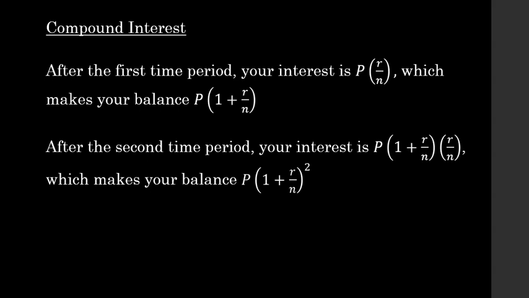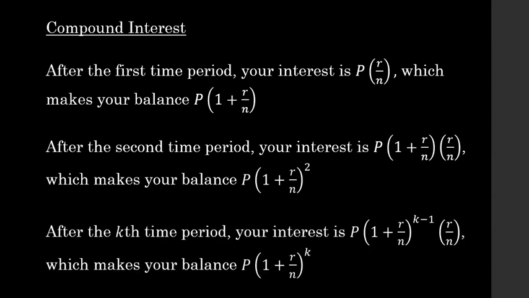And we keep going on in this same method. After the kth time period, the interest you get for that time period is given right here, and then that makes your balance this guy right here: P times 1 plus r over n raised to the power k. So what happens in compound interest is you're earning interest based off of your previous time period balance, not what you put into your account at the start.